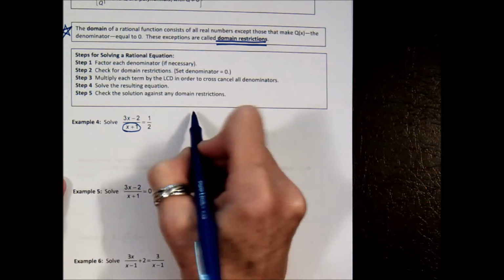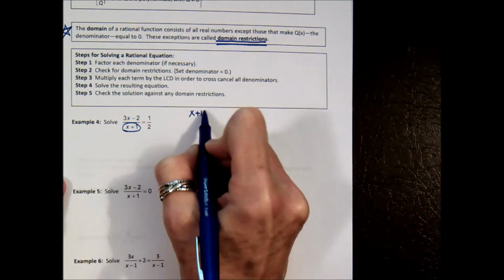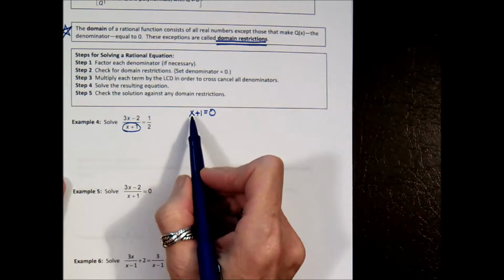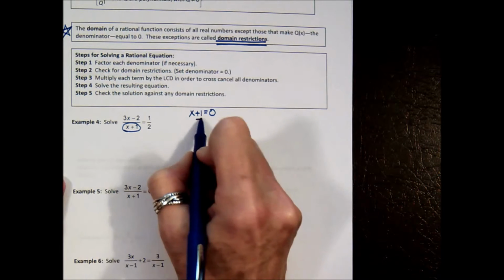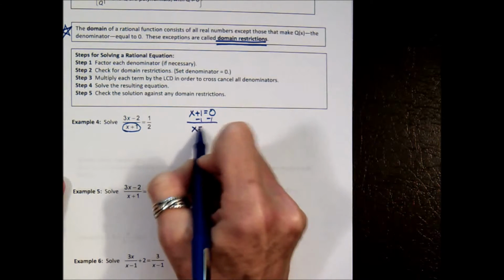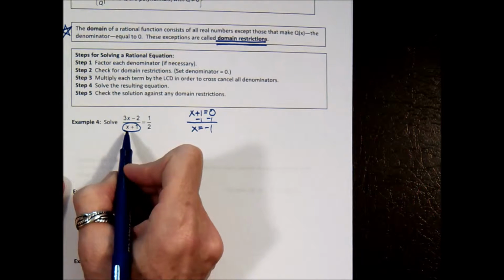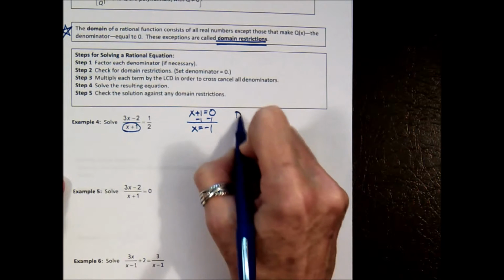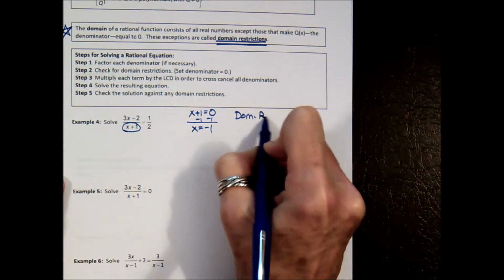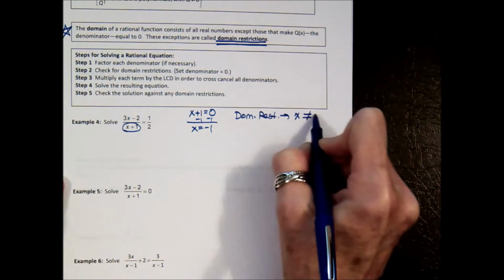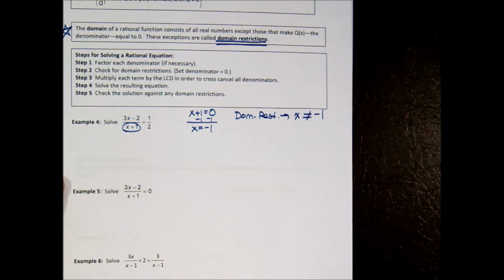So I'm going to say, when does x plus 1 equal 0? Because when that is true, then that's the number that I don't want x to be. This is an easy one to solve, and you can see when x is negative 1, this denominator would be 0. So my domain restriction is x cannot be negative 1. So that's the first thing we want to do.